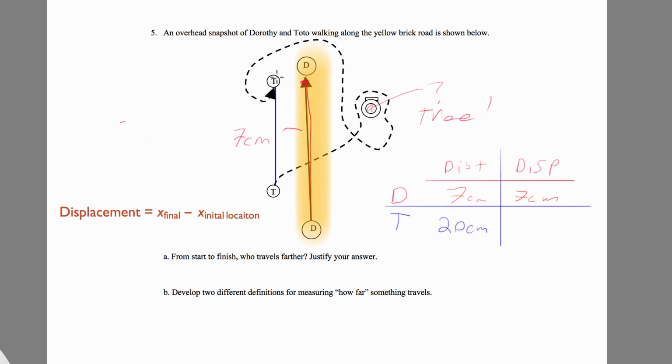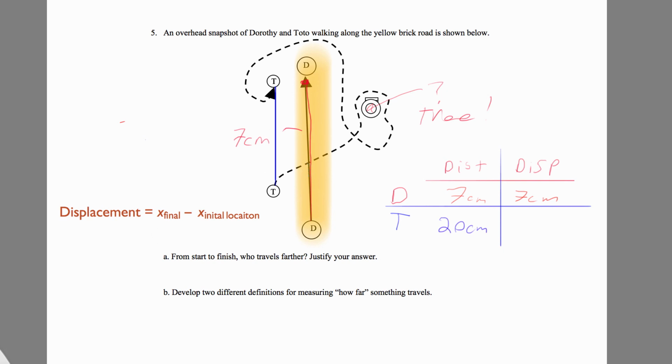Again, it's the difference between the final location, where did Toto end up, and the initial location. You notice for Dorothy, it's the same thing as her path because she didn't do anything weird. If I look at her initial position and her final position, I draw the same line that was already there.